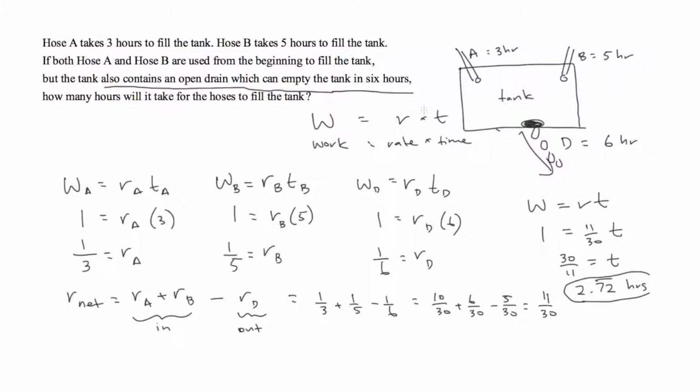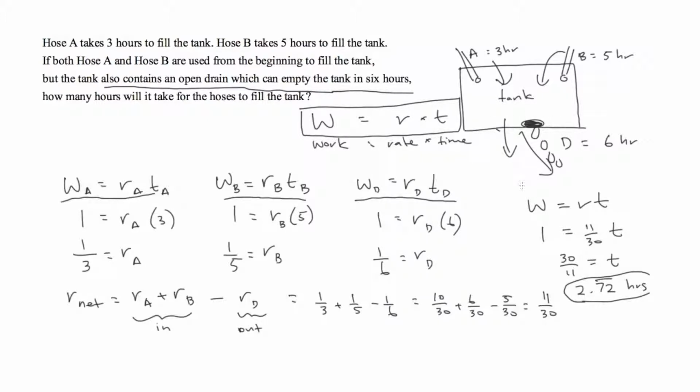So again, for any of these work equals rate times time questions, make sure that you use this basic formula. Next, if you have multiple things happening, you want to make up multiple W equals RT equations. And again, you want to think about what's actually happening here. A and B are both having water go into the tank, but the drain is having water exit the tank.